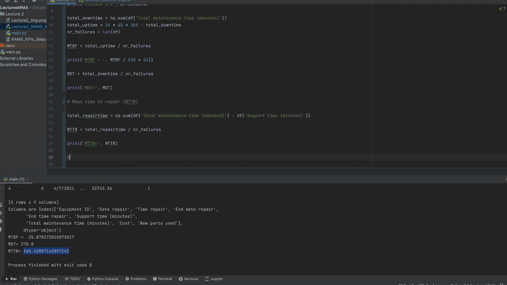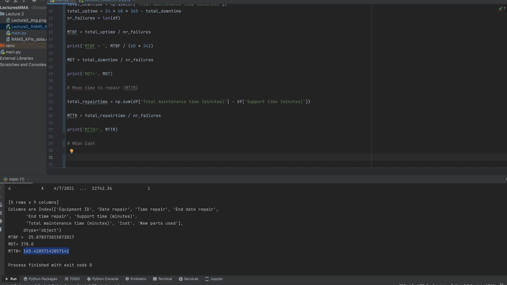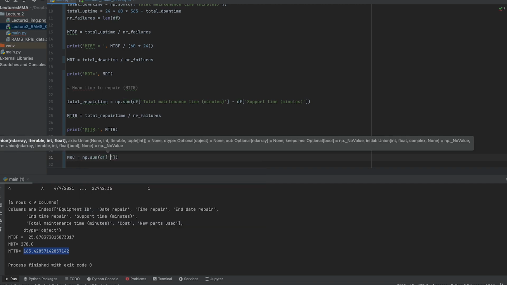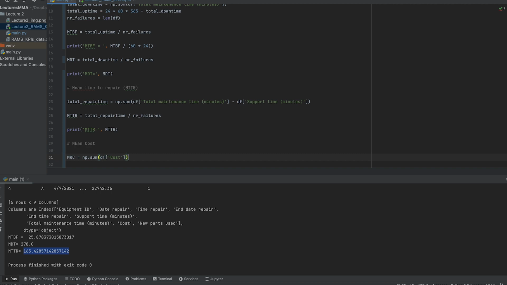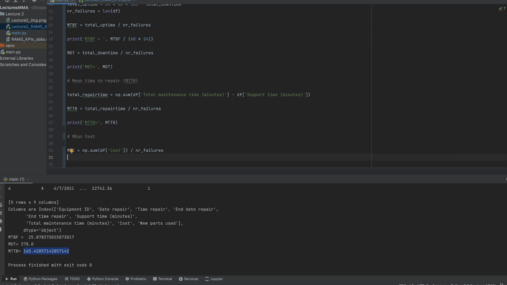Okay, the final is the mean cost, which is easier to calculate. It's mean repair costs equals the total cost, which is numpy sum there on the column costs divided by the number of failures.